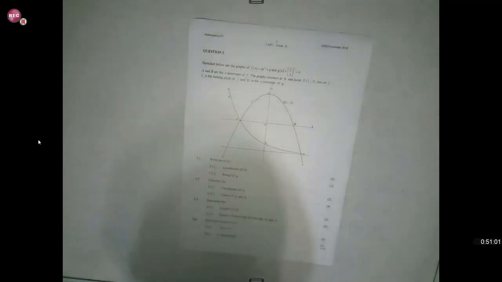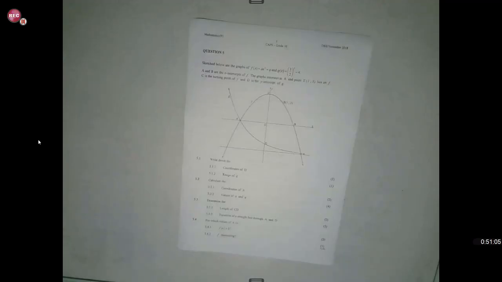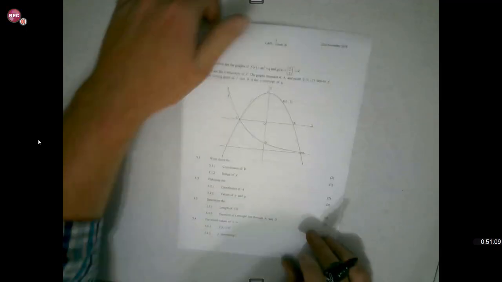Here is our question, question number 5. Oh yes, I love hyperbolas and parabolas and your exponential graphs and everything else that comes with it. In this question, they tell you that the sketch below shows the two graphs' equations, and A and B are the x-intercepts of f.